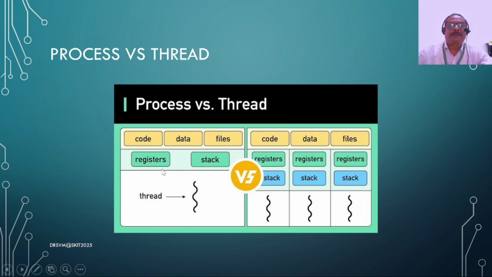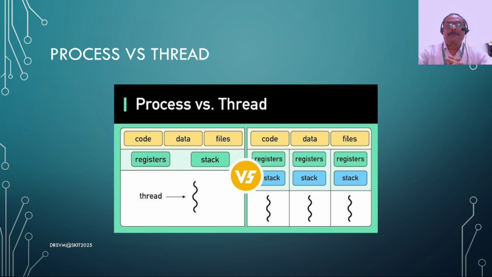In multiple processes, each process will have separate code, separate data, a separate set of files opened, a space for storing its register contents, and a separate space for storing its stack, as we have seen in the process control block.